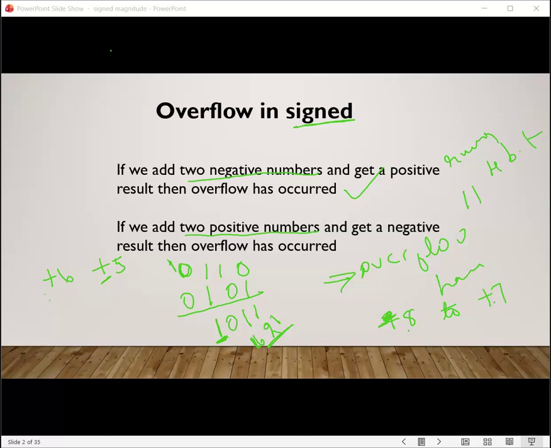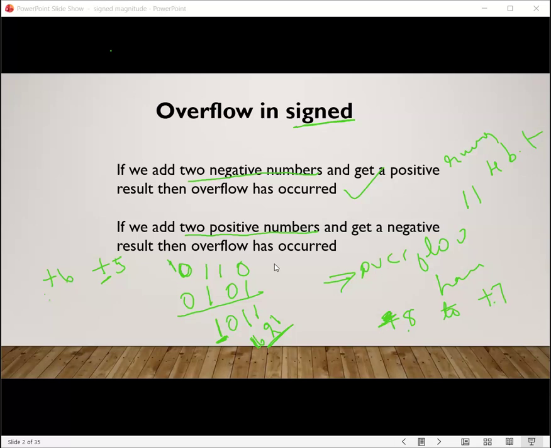Okay, there is also another method. This is the most significant bit. While adding, if the carry into the most significant bit is not equal to the carry out of the most significant bit, then overflow has occurred.